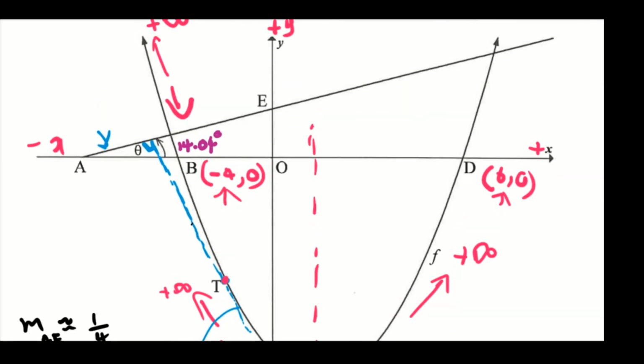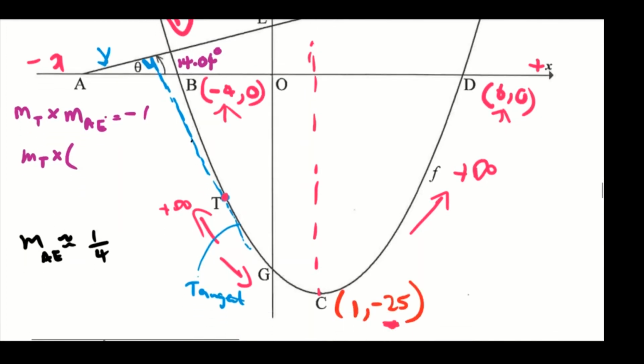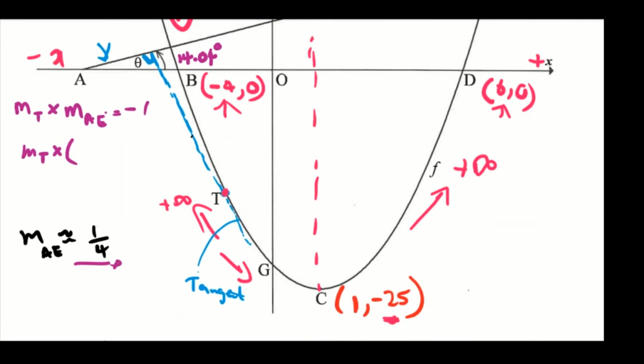So what that means is the gradient of T multiplied by the gradient of AE must give you -1, right? And so M of T multiplied by the gradient of AE, which we found to be 1/4, equals -1.